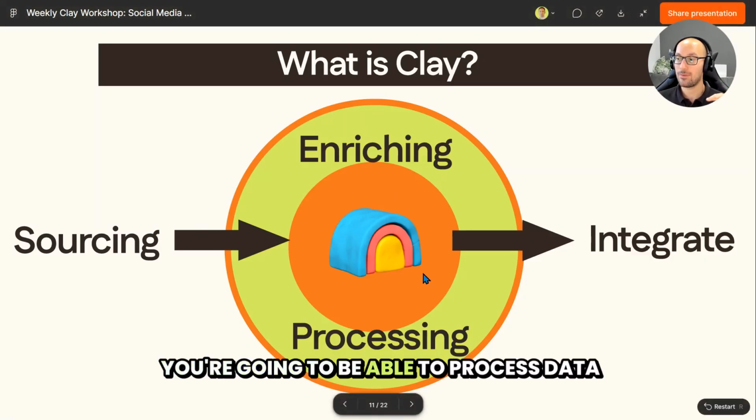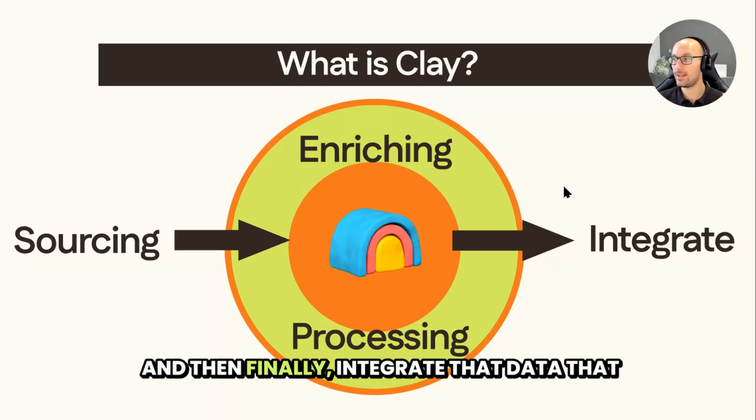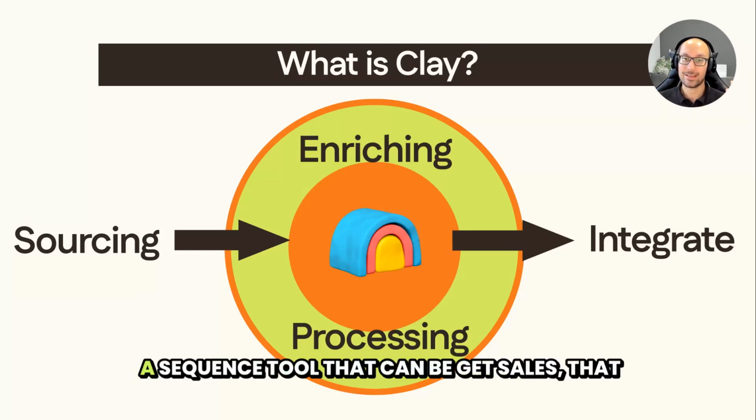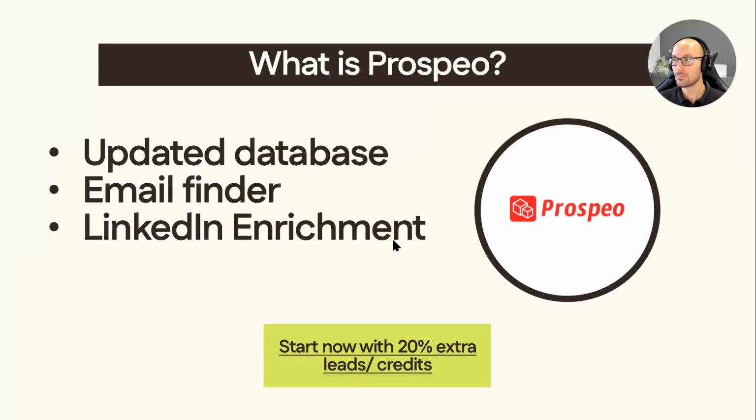You're going to be able to process data using formulas or AI to create copies and qualifications, and then finally integrate that data that you created, let's say a message and all the contact data, to a sequence tool that can be Get Sales, a safe sequence tool for LinkedIn messages.